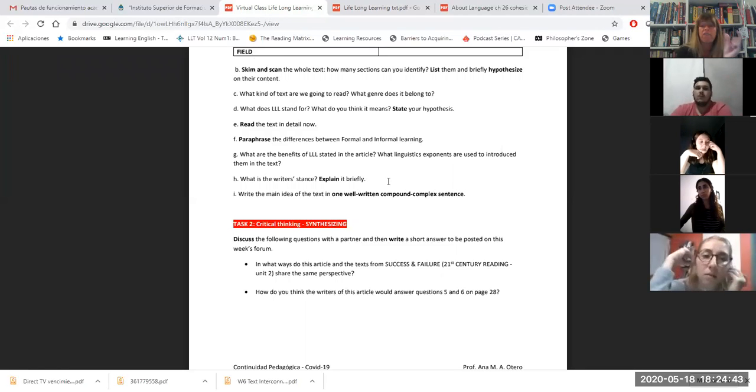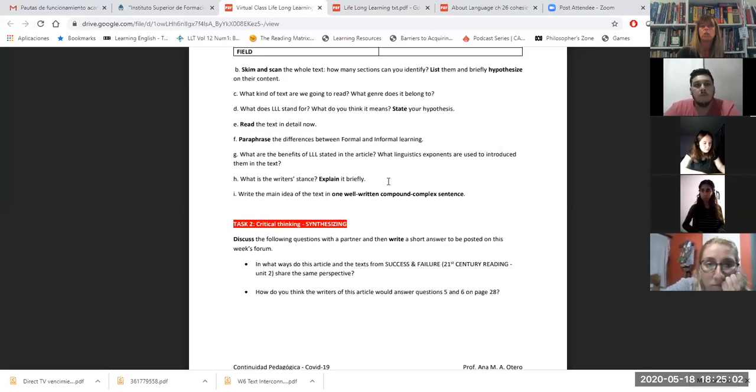The word benefit or benefits in the plural is repeated all throughout the article, used as a noun and as a verb. So the lexical choice also tells us that the writer is for lifelong learning.